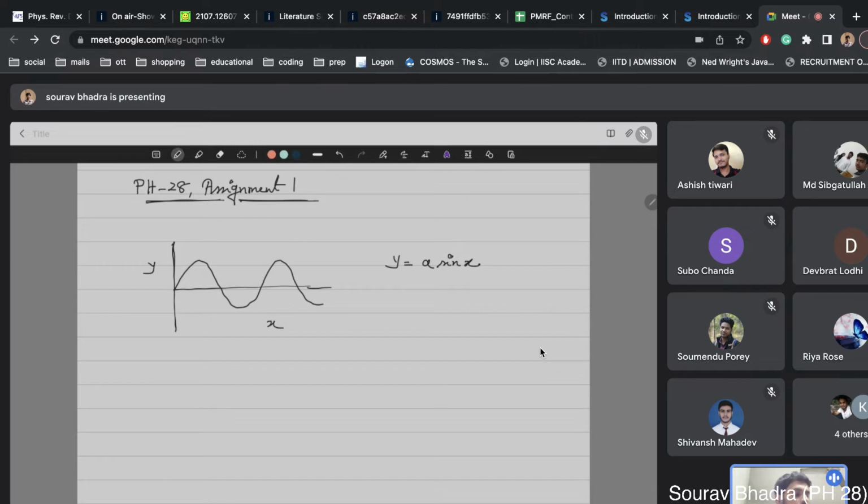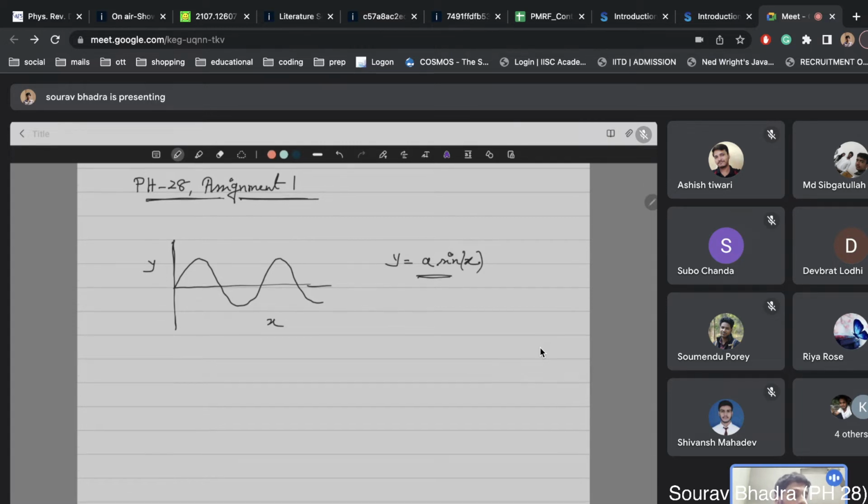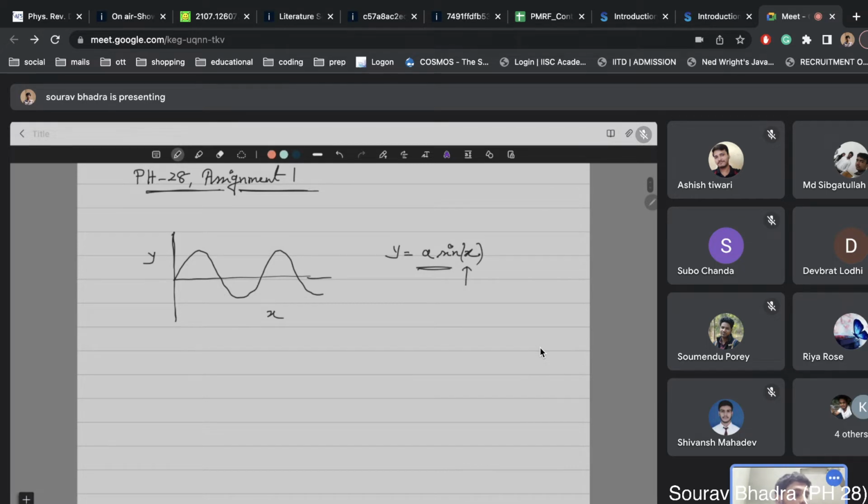For every x there is a y we can calculate from this function, so y is dependent on x. That's why the degrees of freedom here is only the x parameter. Although it is a 2D plot, the degrees of freedom is 1, that is x, not y, as there is a relation between y and x.